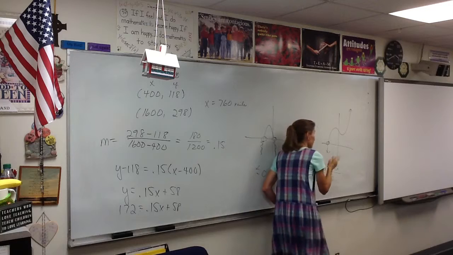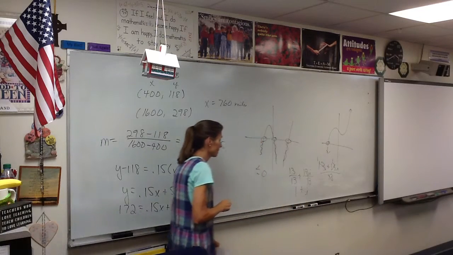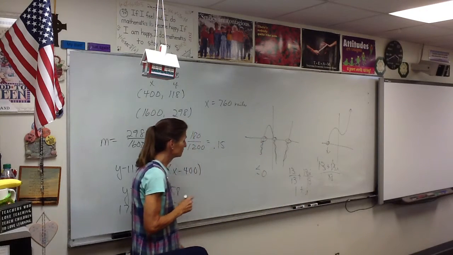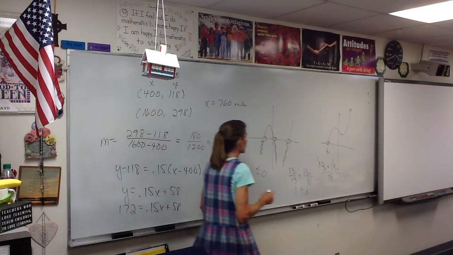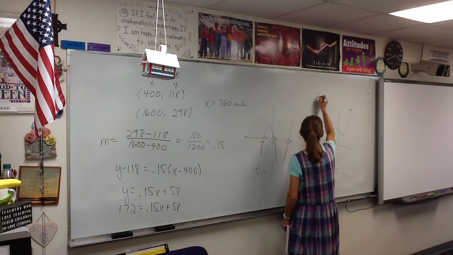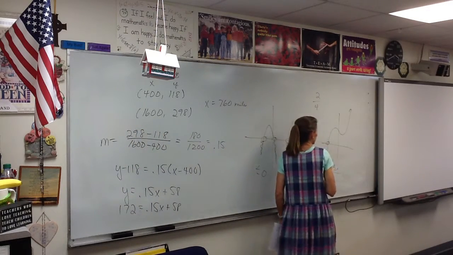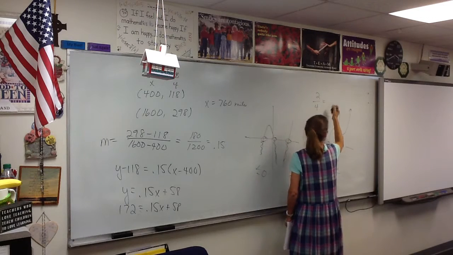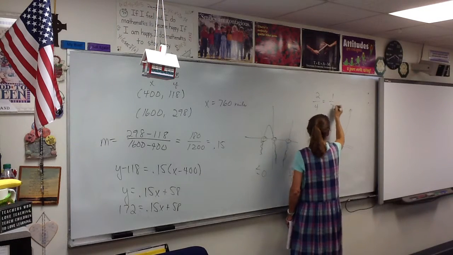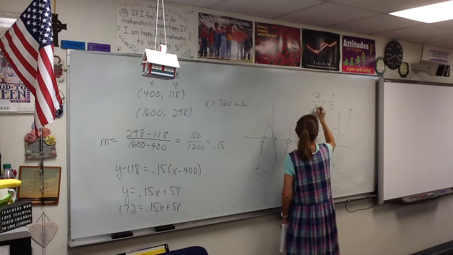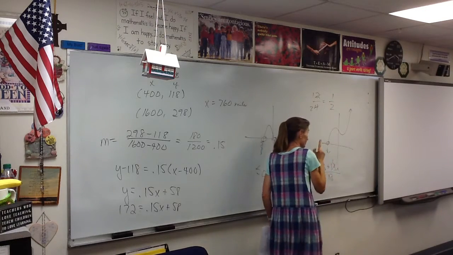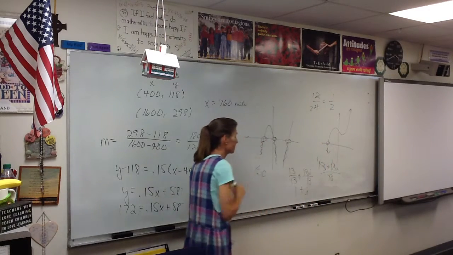It leaves a 1. Mark it a 1 when you cancel. It's like if you have 2/4. When you cancel that, you don't get 2, you get 1 over 2, because when you canceled into here, it left a placeholder. Same thing.